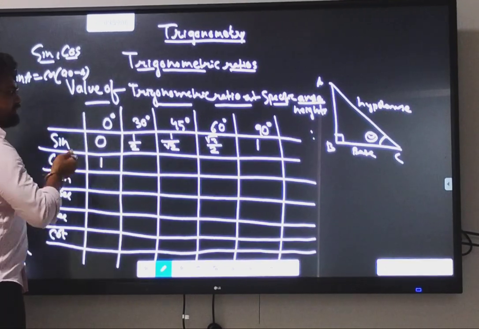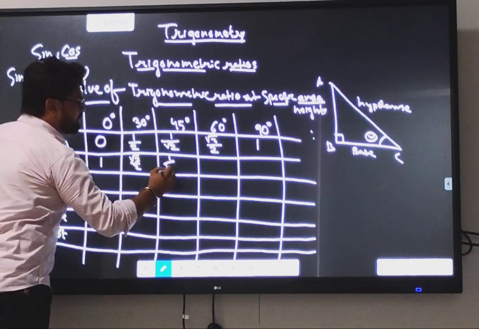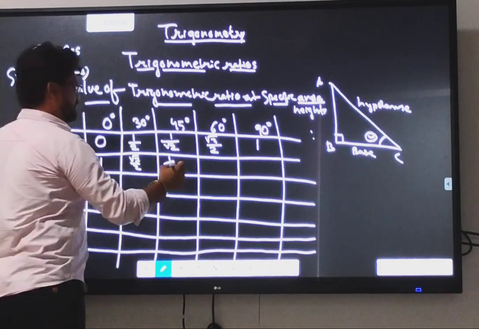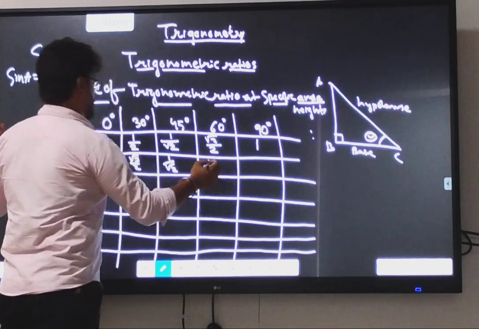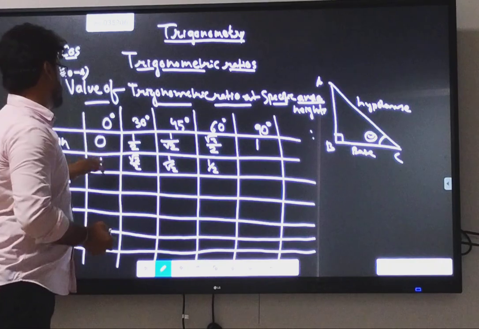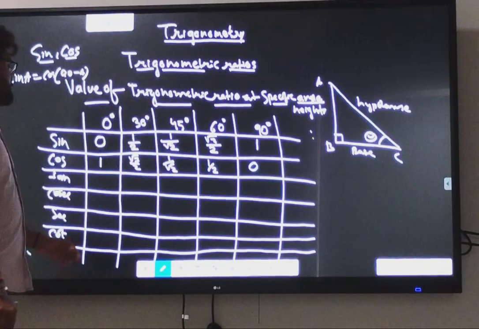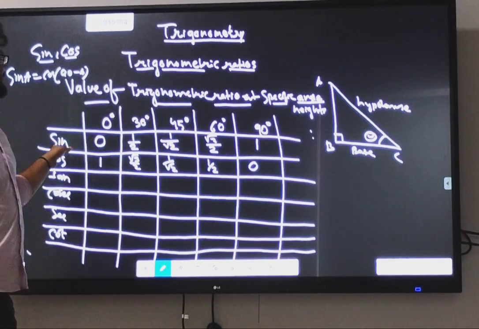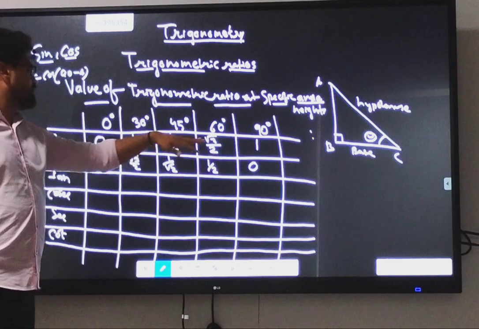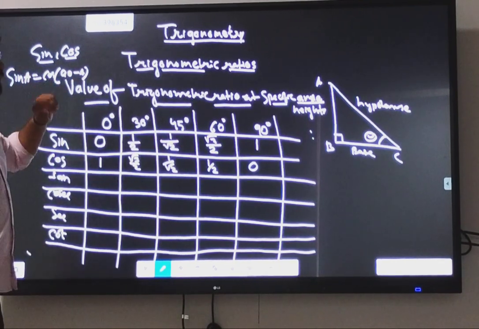So I will write 1, then root 3 by 2, then 1 by root 2, then 1 by 2, and then 0. This is the value of cos. So cos always takes the reverse of the values of sine because sine and cos are complementary.